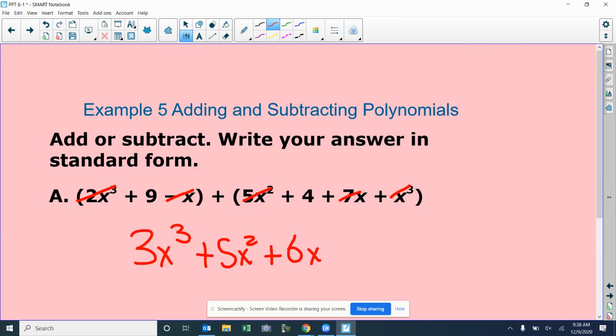Now I'm down to 9 and 4, which gives me positive 13. All right, there's my polynomial. After I add all those up, I add like things. I have a lead coefficient of 3, a degree of 3, and I have a 4-term polynomial here.